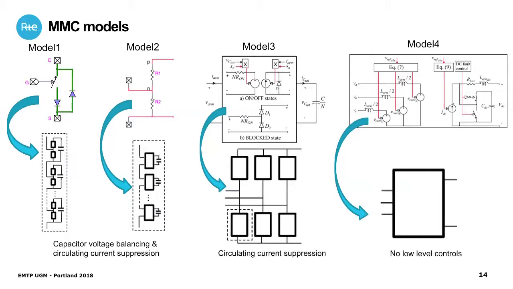So the one we use for this DC grid benchmark, as we have more than 30 converters at the end, is model 3. At the beginning, we used model 2 in order to have all the control inside, even the lower level control with the capacitor balancing, but it takes time and it's not really useful.